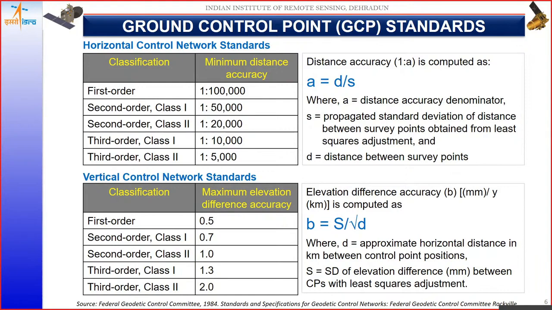So if you are doing 50,000 scale mapping, the planimetric or horizontal accuracy will be 12.5 meters. For the vertical accuracy, it is h by 3, where h is the contour interval.